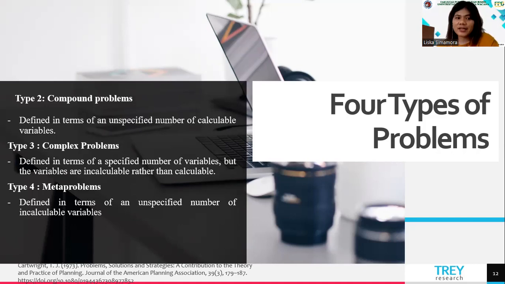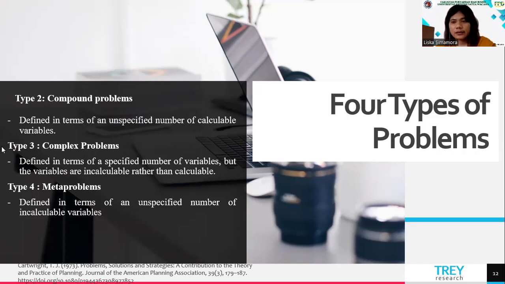But their similarity is that the variables are calculable. So again, to define a compound problem, maybe in a wise or unwise way, is an unspecified number of calculable variables.